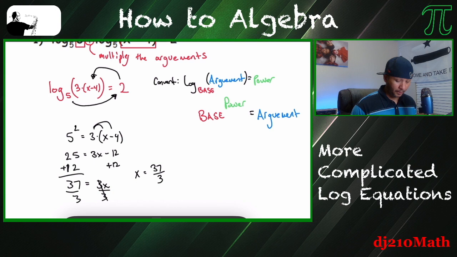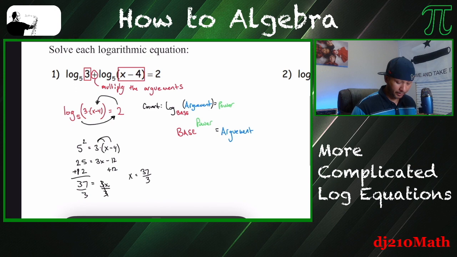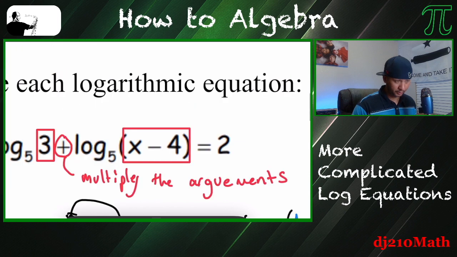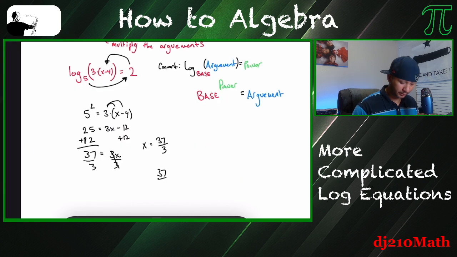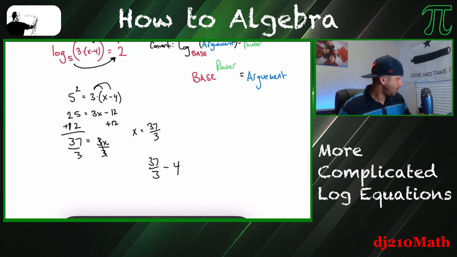So let's keep in mind that 37 thirds goes into x minus 4. So checking our answer, 37 thirds minus 4. Okay, 37 thirds, without a calculator, is about 12.3 repeating.